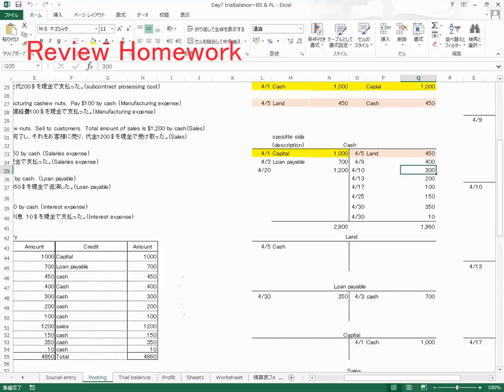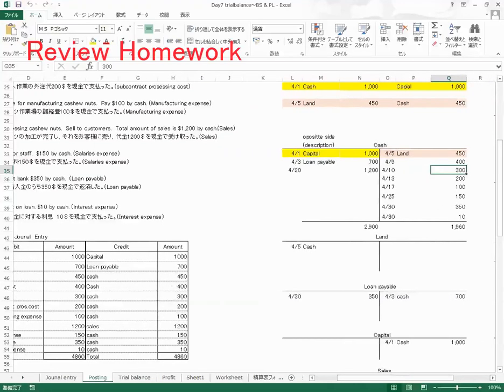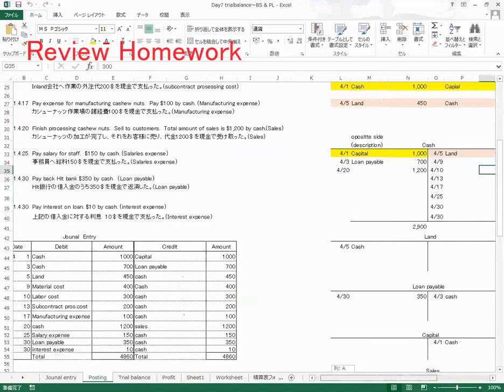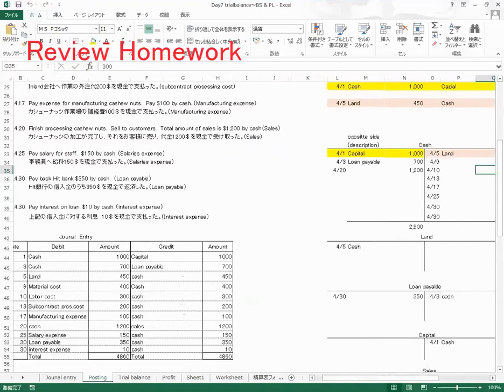It is wrong. You should go one by one: cash to cash, capital, loan payable, land to land. That is the rule of bookkeeping.